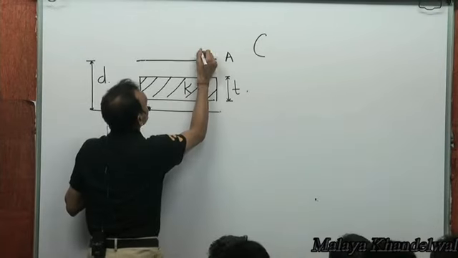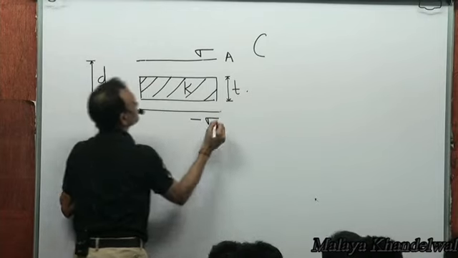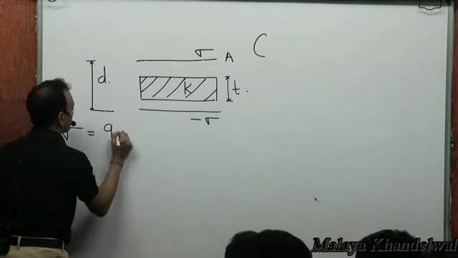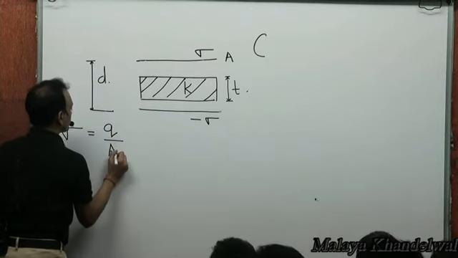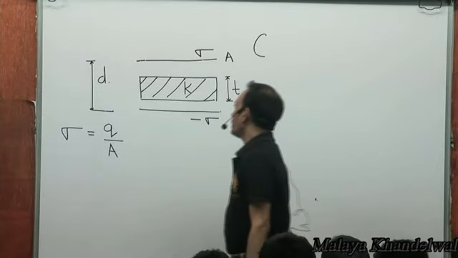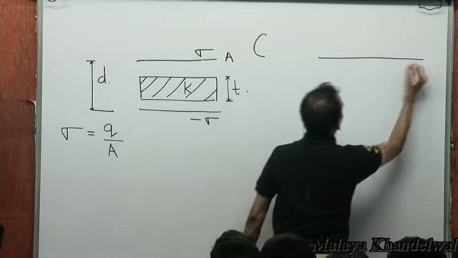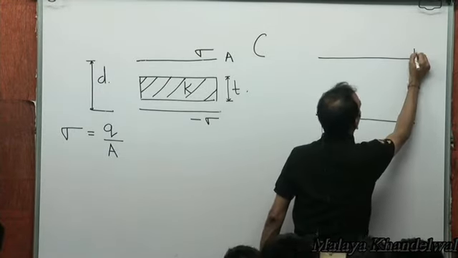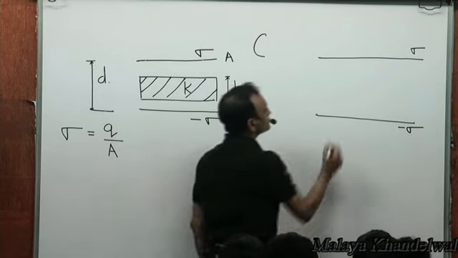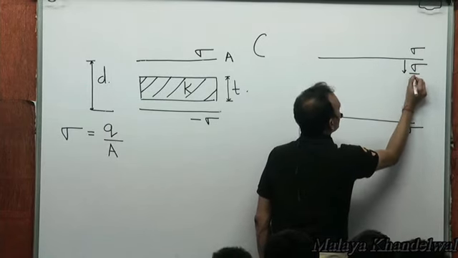And let's say this plate has surface charge density sigma. This is minus sigma. Sigma, of course, is Q by A. In the air region, the electric field is going to be sigma by epsilon naught.